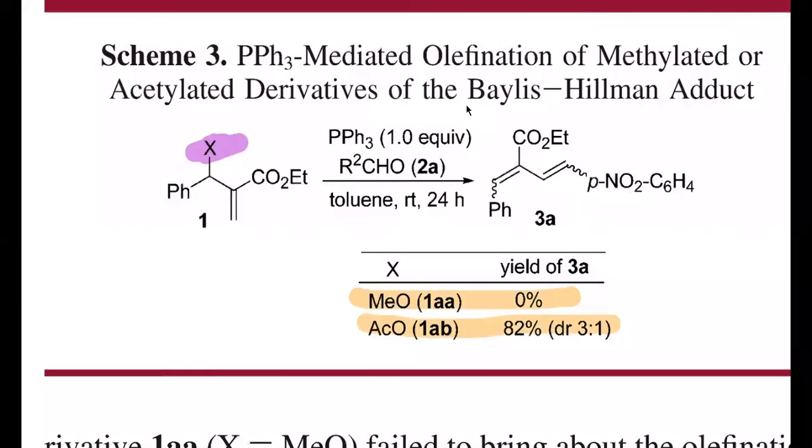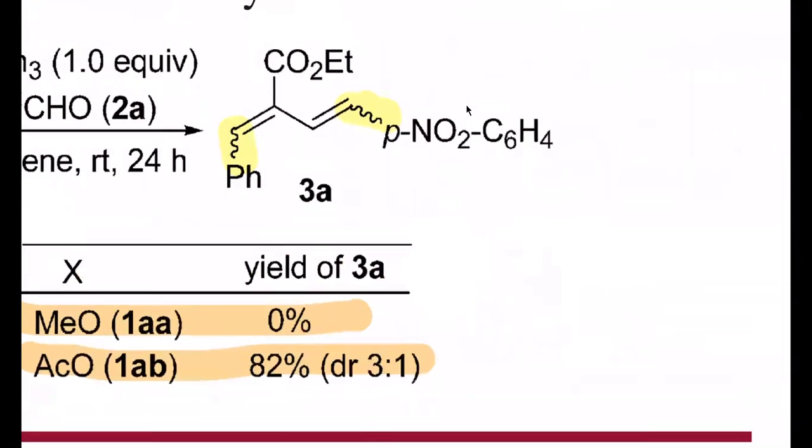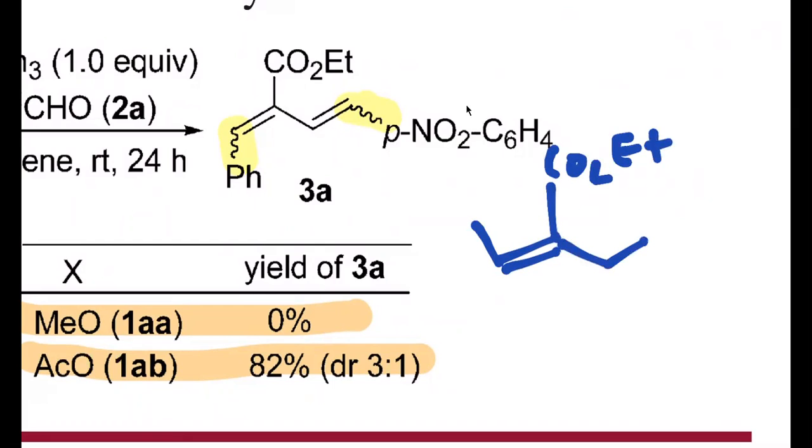You can see here, see how they have these little squiggly, undefined bonds? It means it can be up or down. So the product can look like this. That's a potential product, or it can look like this.